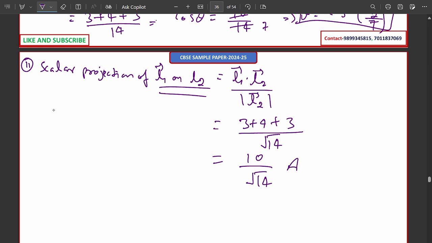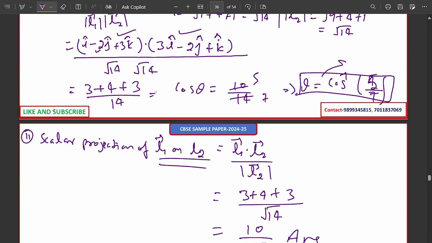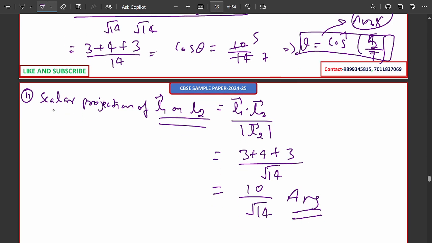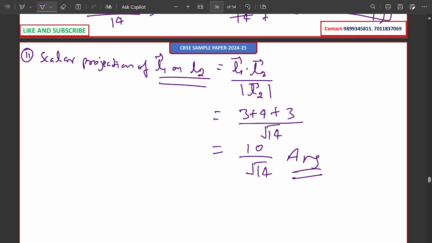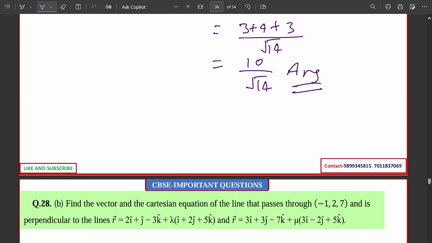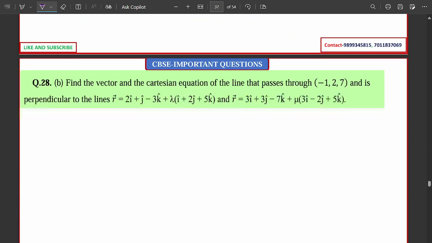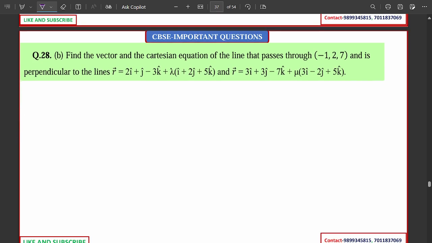So this is the second answer for this question, and the first answer is the angle between the L1 and L2 vectors, and this is the projection of L1 on the L2 vector. So this is the explanation of question number 28A.